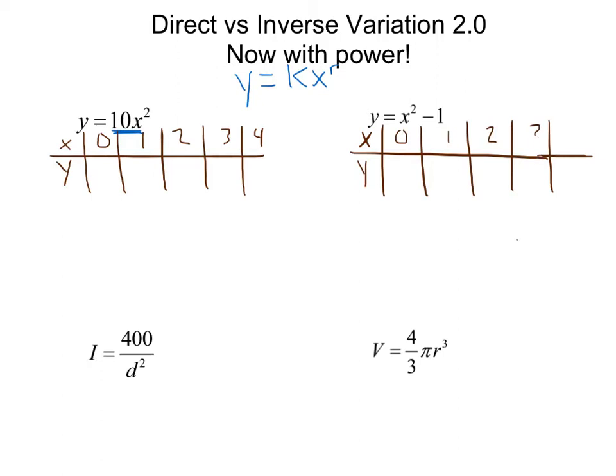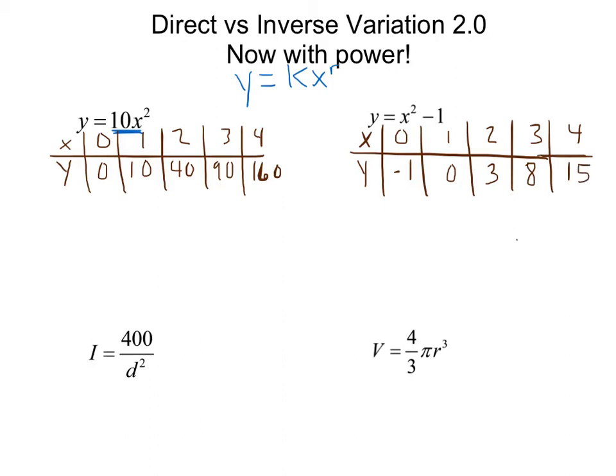I'll do this one simultaneously. Down here we got 0, 1 squared 10, 4, 40, 90, 160. And over here we got negative 1, 1, 0, 4 makes 3, 9 down to 8, and 15.